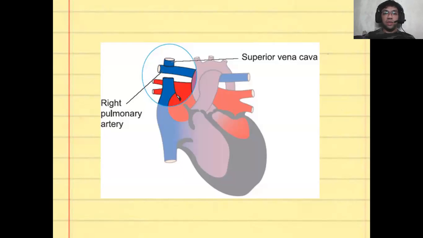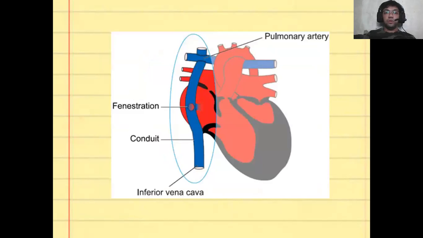So here, what they are doing in the surgical management is, instead of the vena cava being connected into the right atrium, it will be connected instead into the right pulmonary artery, in order for the blood to go into the lungs. Or another type of procedure is they are going to create a conduit.